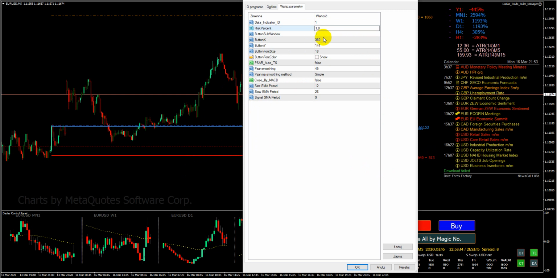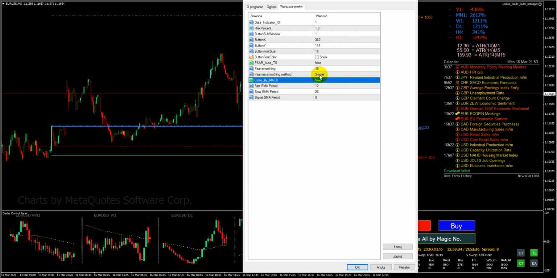So like 1% of the whole thing should be the risk, and the rest is just placement of the buttons, and then there are two possible trailing stop mechanisms right here.